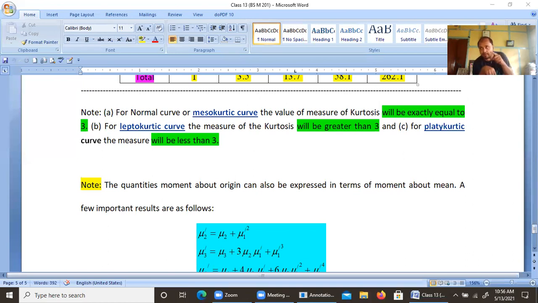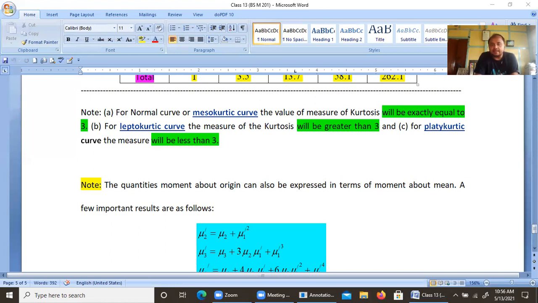But regarding the kurtosis, you cannot put your comment like this, because we do not have other curves so that we can compare. The only way to find it out is to measure the kurtosis.